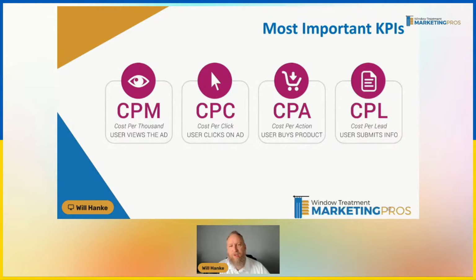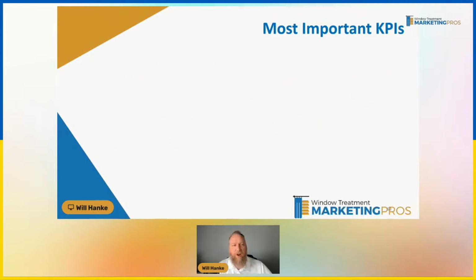Cost per action typically is tied to an e-commerce situation, where a customer actually bought your product, or took some action. Could also be that they signed up for your newsletter or something like that. And then cost per lead is when a user submits their info to become a lead, or they raise their hand in some particular way.